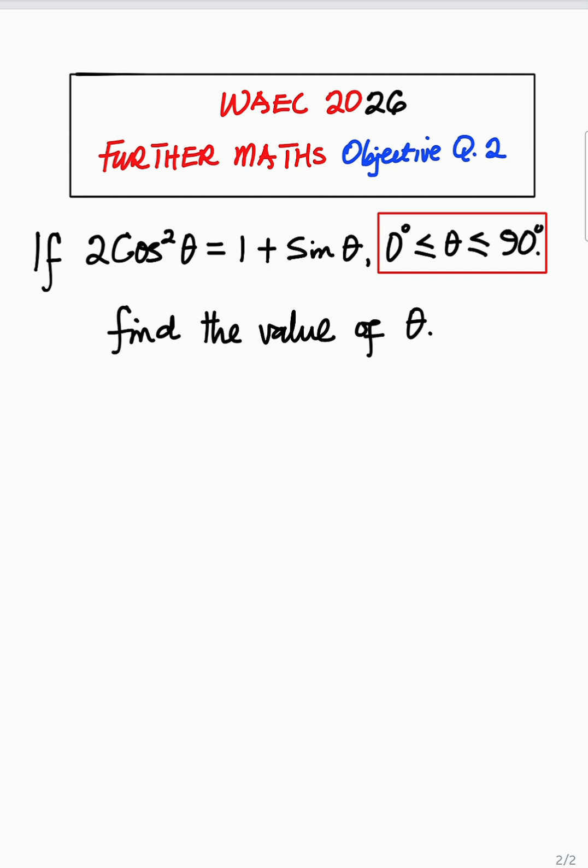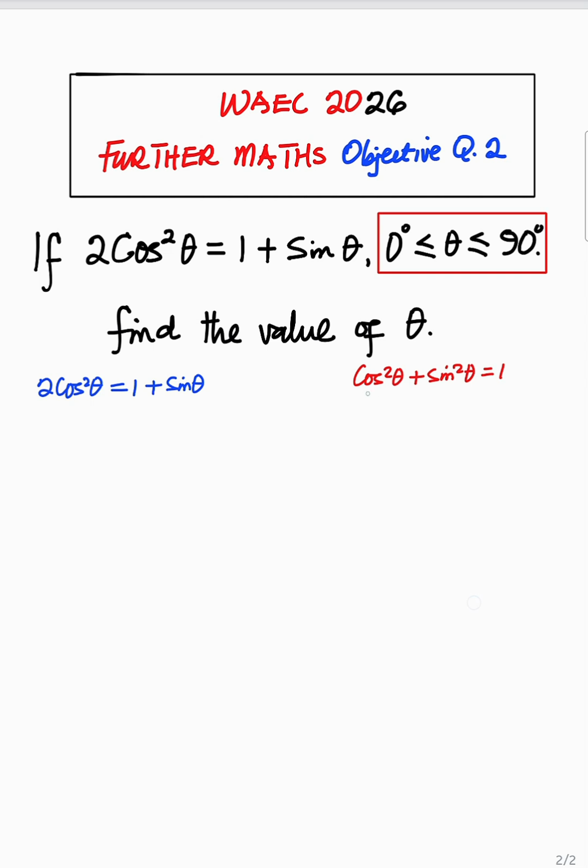Let's write out the equation here. You have 2 cos squared theta equals 1 plus sine theta. Now let us recall the trigonometric identity, which says cos squared theta plus sine squared theta equals 1.